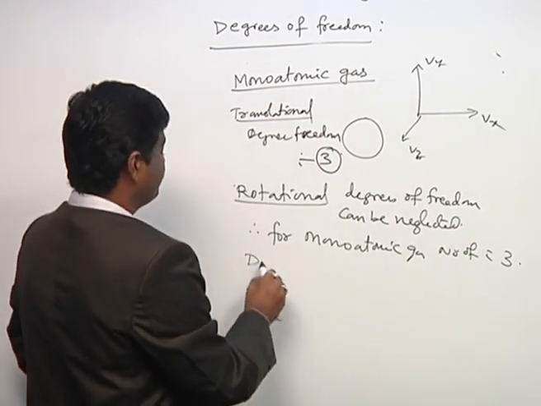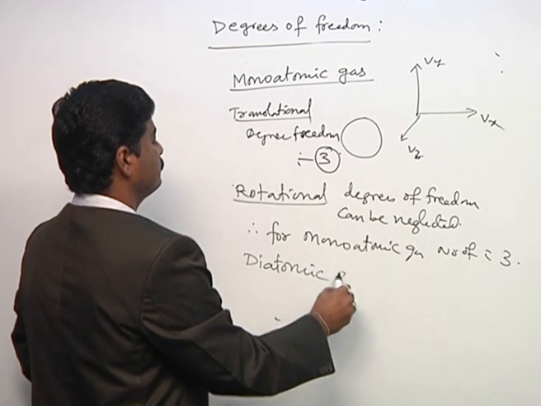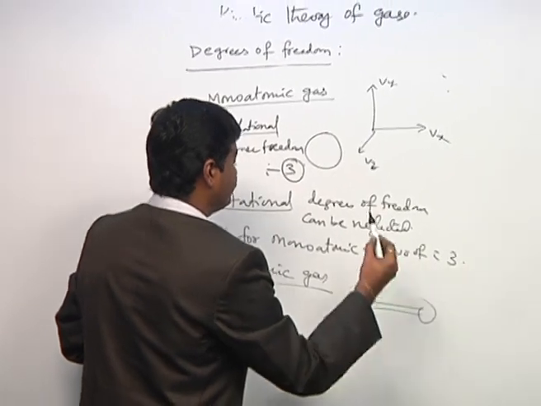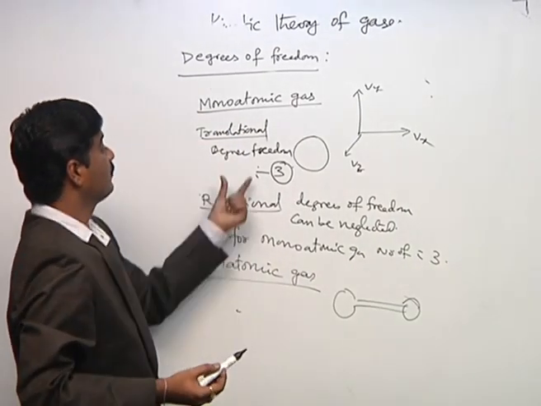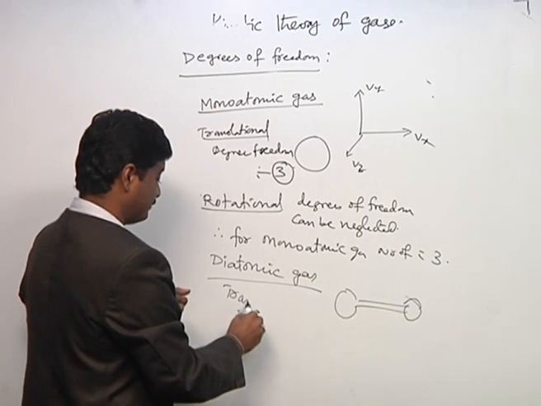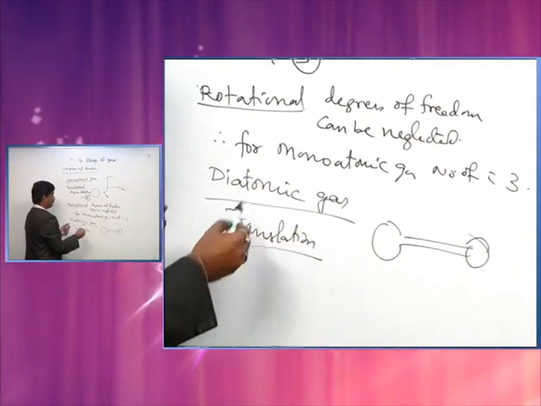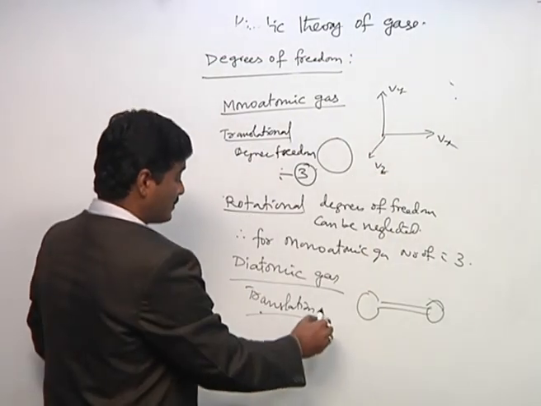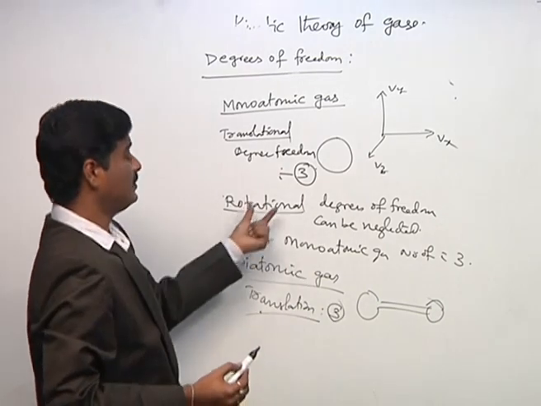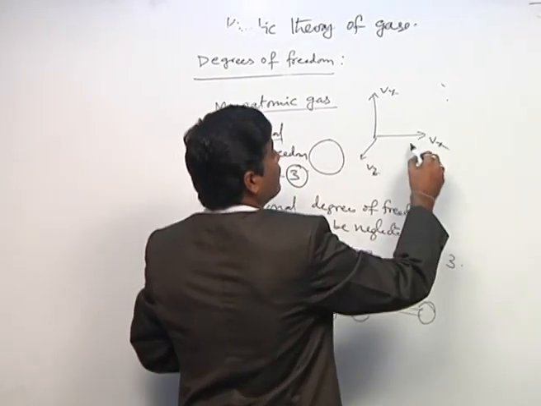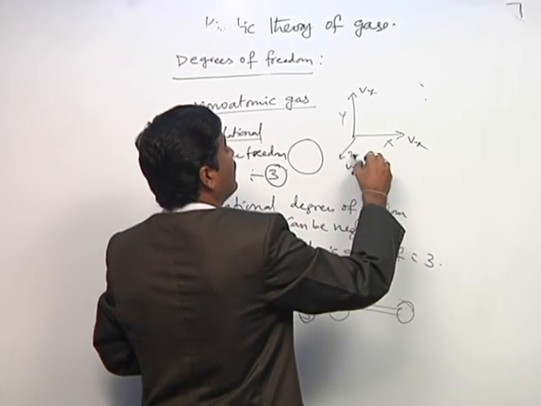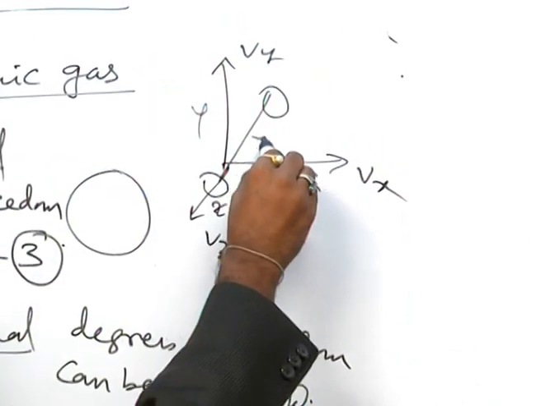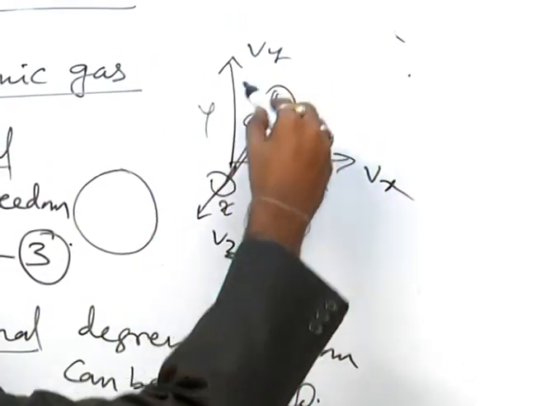Consider a diatomic molecule. It has a dumbbell shape. Considering only translational motion first, it may move along the x-axis, the y-axis, and the z-axis, so the translational degrees of freedom are 3. Coming to rotational motion, let this be the x-axis, this the y-axis and this the z-axis. Consider the diatomic molecule along one axis, like the z-axis. The moment of inertia with respect to the z-axis will be 0.